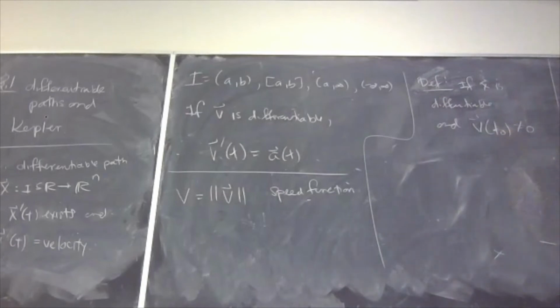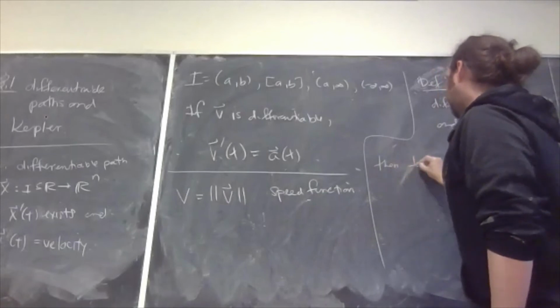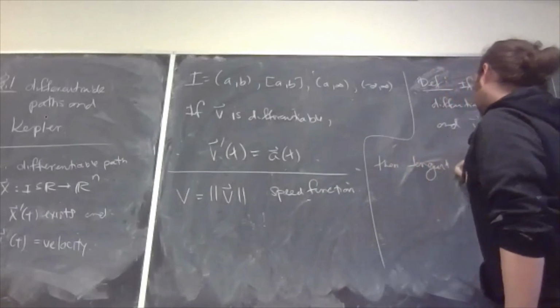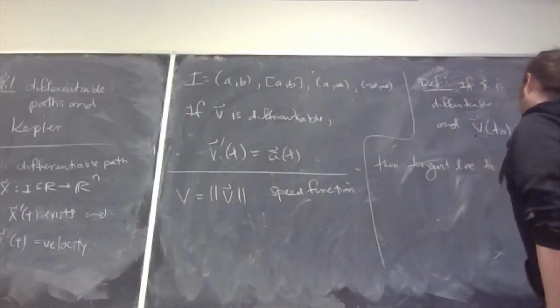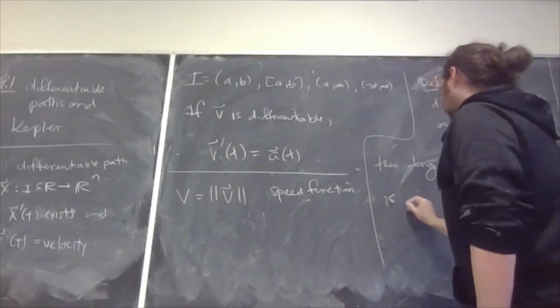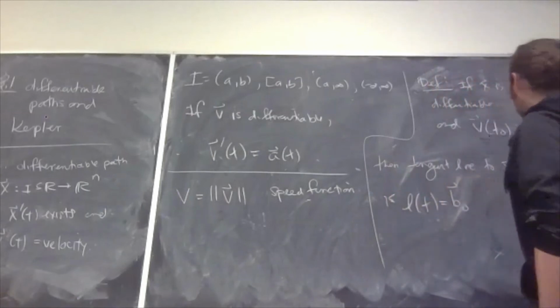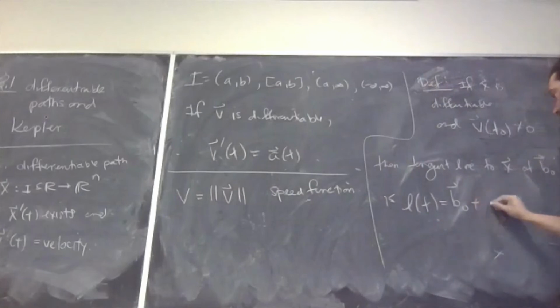If x is differentiable and the velocity vector is never zero, then the tangent line to x at the point x of t naught is L of t equals x of t naught plus x prime of t naught times t minus t naught.